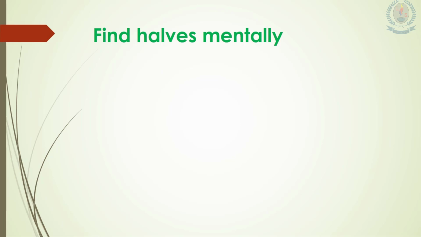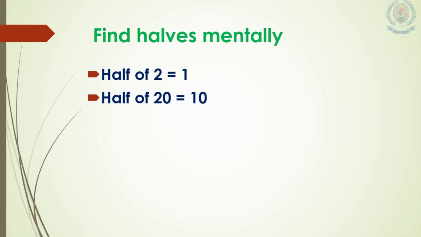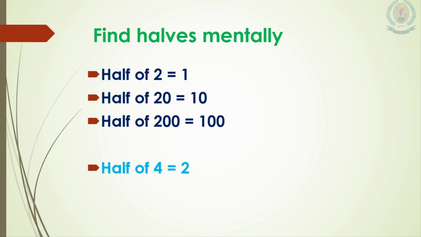Now let's find halves mentally. See whether you can remember the halves of these numbers. Half of 2 is 1. Half of 20 is 10. Half of 200 is 100. You can remember these easily. Half of 4, 2. Half of 40, 20.